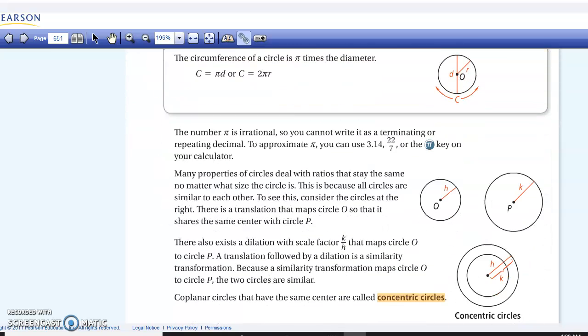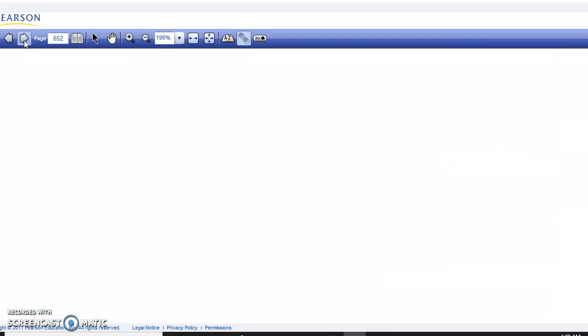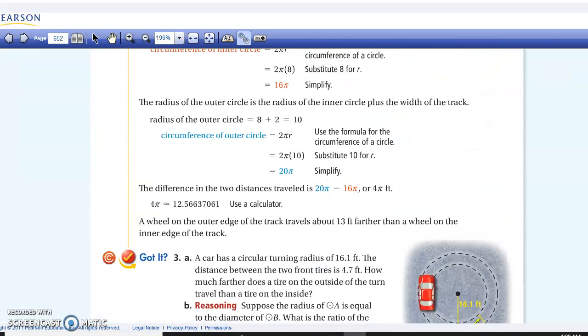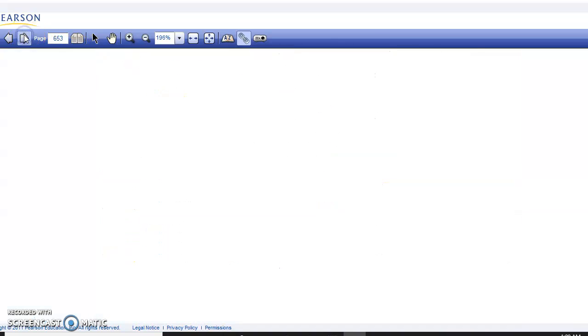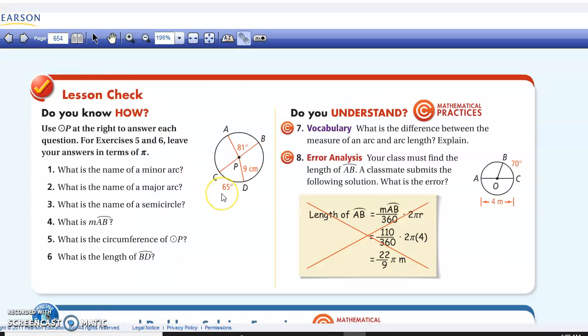Now, for example, it says what is the circumference of circle P in this?